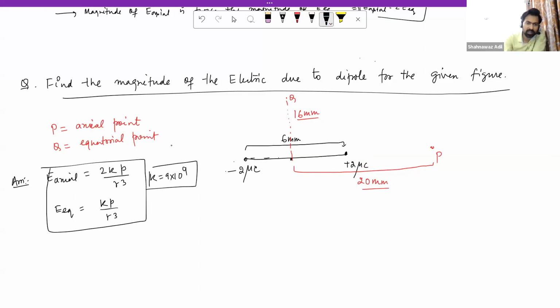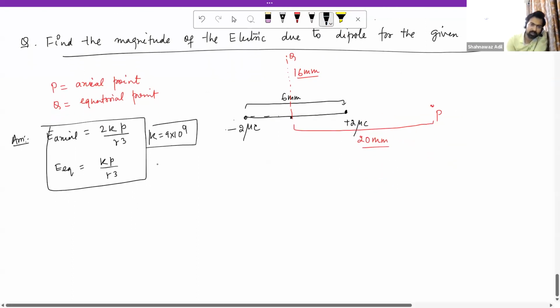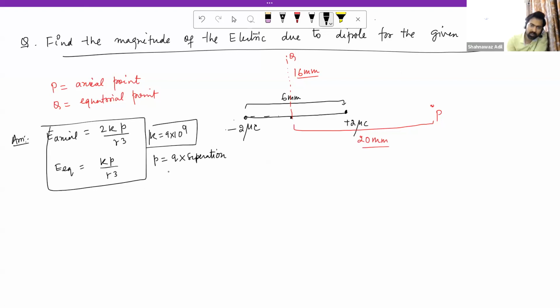So let us calculate. P is charge into separation. Q is 2 microcoulomb and the separation is 6 millimeters.